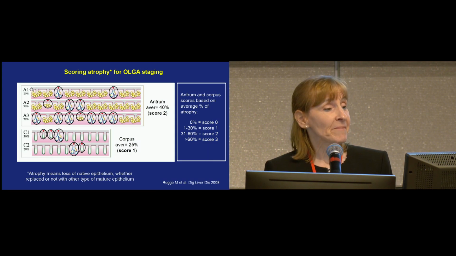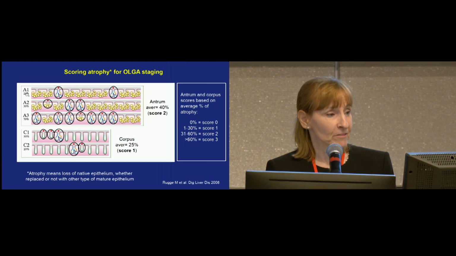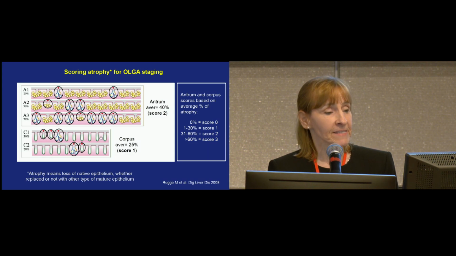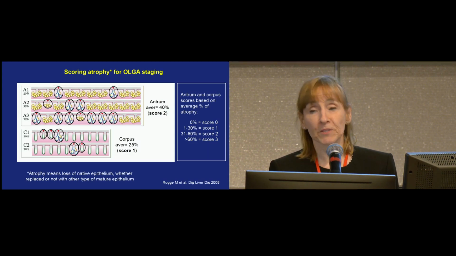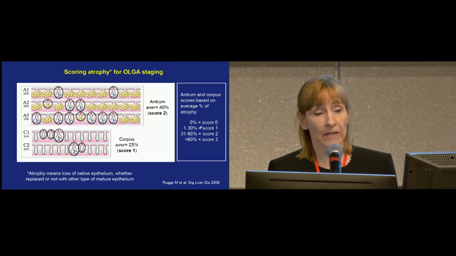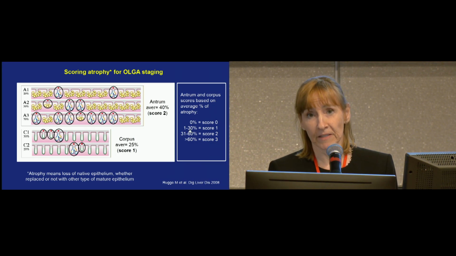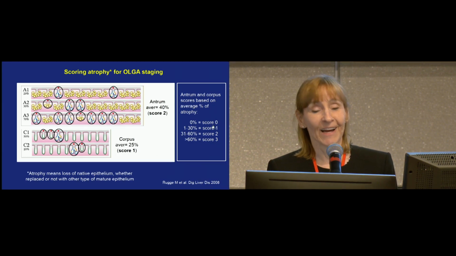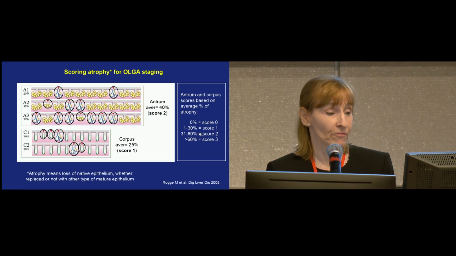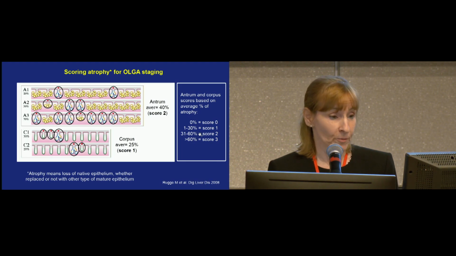Then we make an average of these 3, 20, 30, and 30, and we come up with this. This gives a score of 2 in this table. The same for the corpus. Each biopsy should be scored separately, and then an average is calculated, and a score is given according to the average percentage of either atrophy or metaplasia.